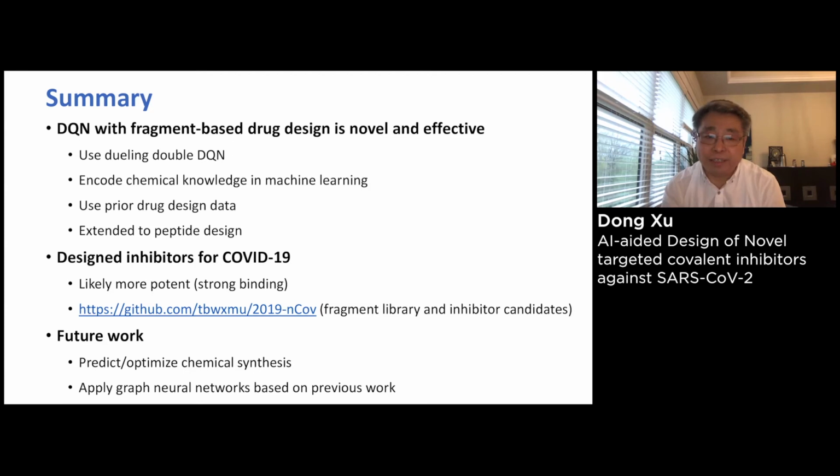So this gives us a better basis for drug design. We also extended this method to other designs. For example, we designed some peptides, in addition to small molecules, against various proteins. And our collaborators are testing those peptides as well.